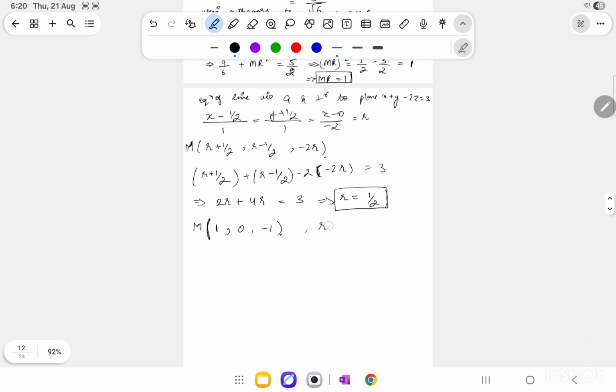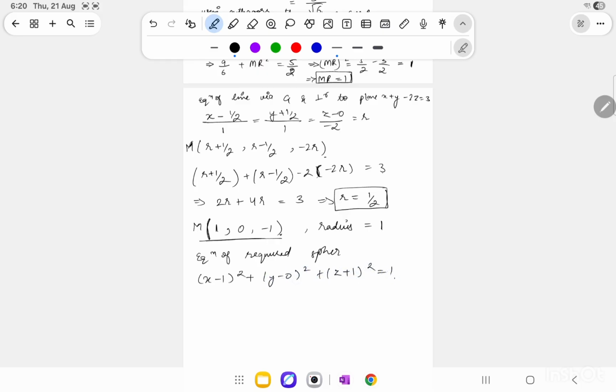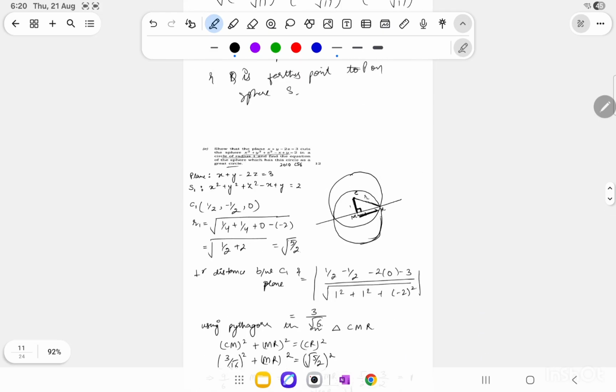So the radius of the required sphere is 1 and the center is this. The equation of the required sphere will be (x minus 1) square plus (y minus 0) square plus (z plus 1) square equals 1.